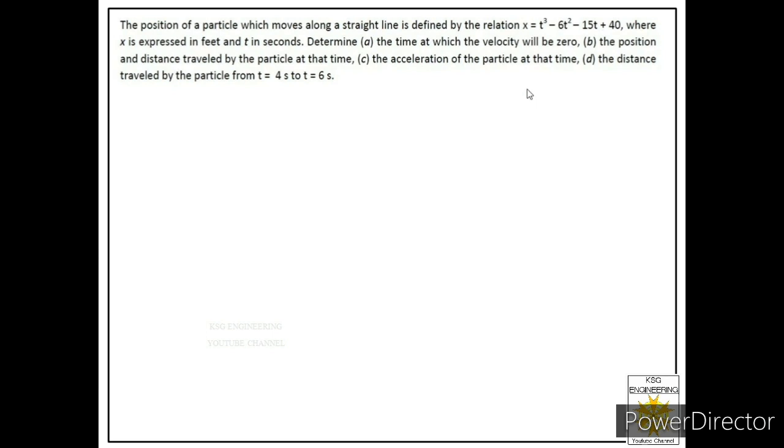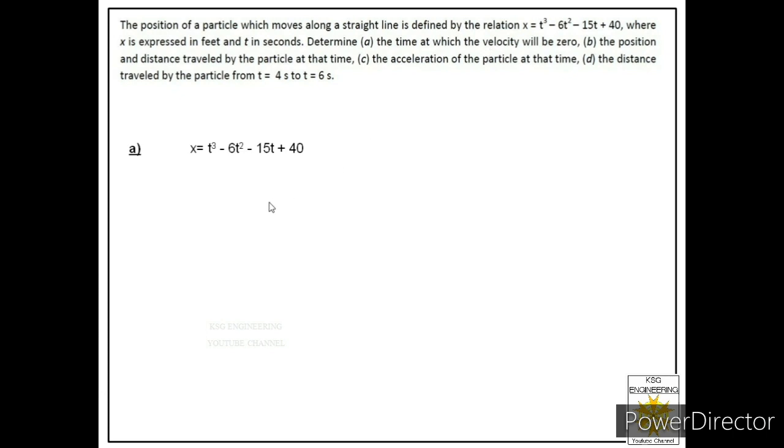We are given the equation of position of the particle in terms of time: x is equal to t cube minus 6t square minus 15t plus 40. In order to find that time, first of all we need the equation of velocity.